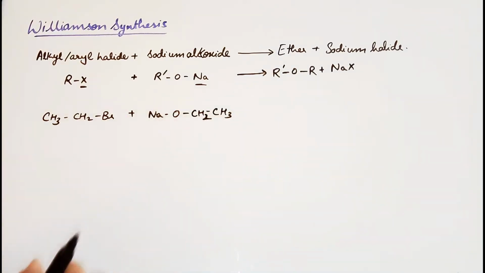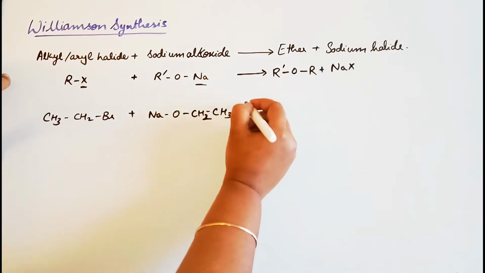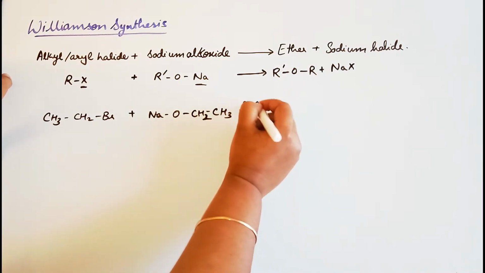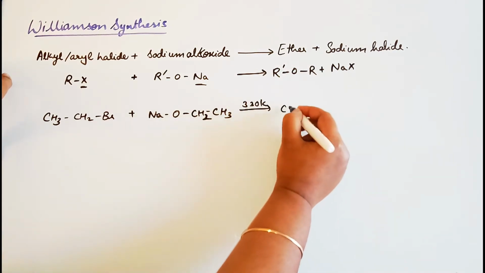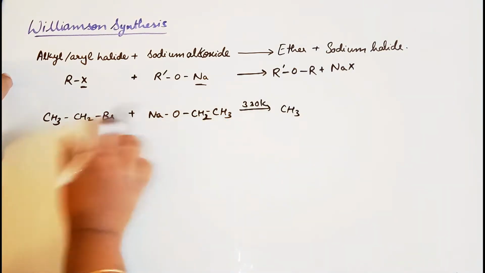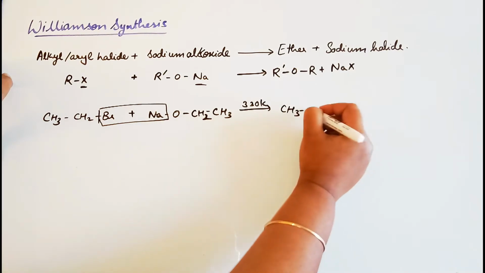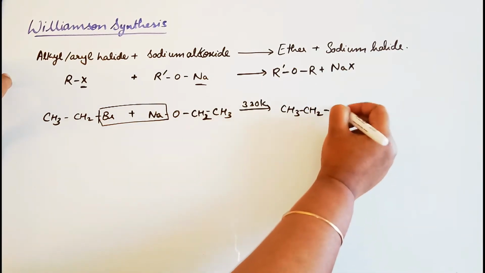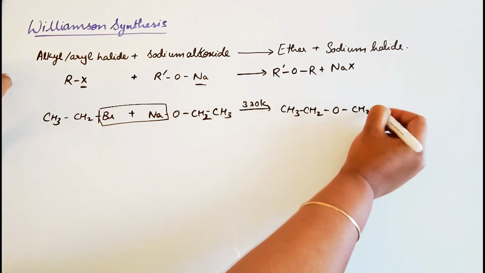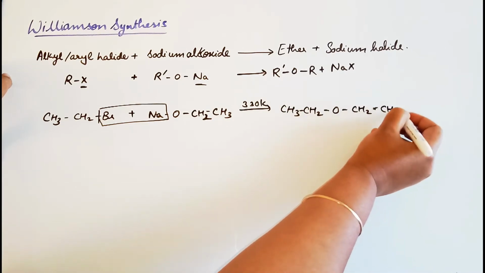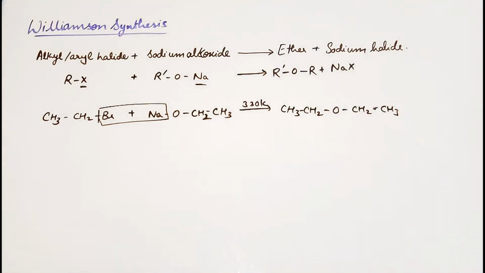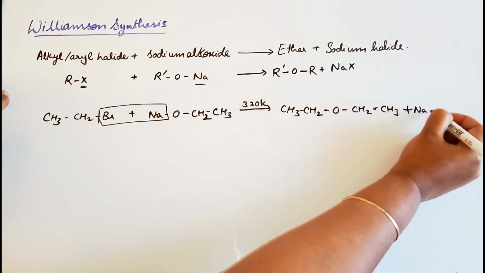The alkyl group of the alkoxide is ethyl, and at 330 Kelvin this forms CH3CH2OCH2CH3. So basically this and this are going to get combined, and this part is getting removed. So this is a symmetrical ether, plus NaBr.